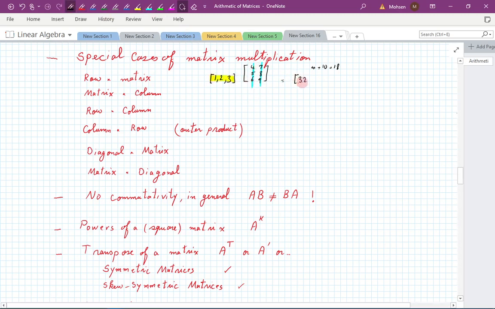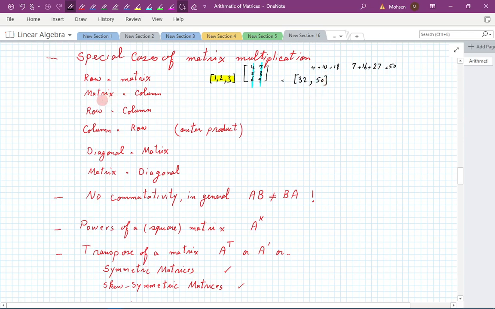So 32 is the first entry. Then I multiply yellow with the second blue column. So I'll have 7, and then 16, and then I'll have 27. So I guess that's a 50.